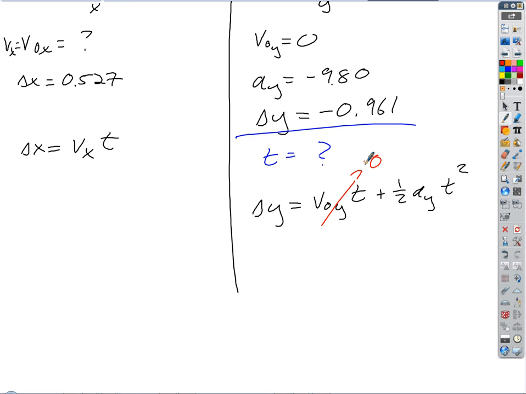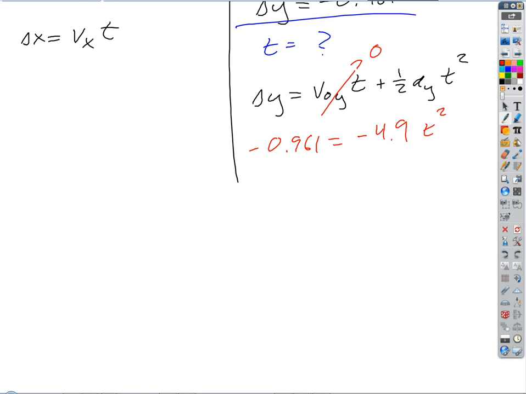So now when we plug in numbers, we get negative 0.961 equals negative 4.9, 1/2 times negative 9.8, t squared. So what do I do to solve for t? Divide by negative 4.9 and then square root, right? So we get t squared equals 0.961 over 4.9, negative divided by negative is positive, and t equals plus or minus the square root of all that.